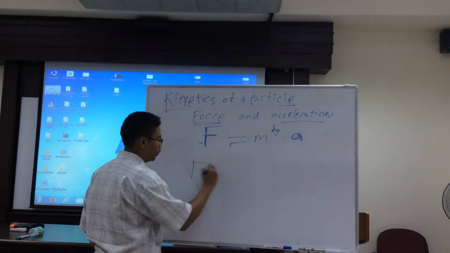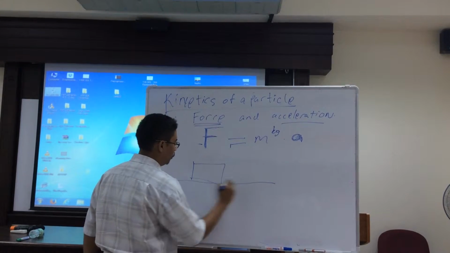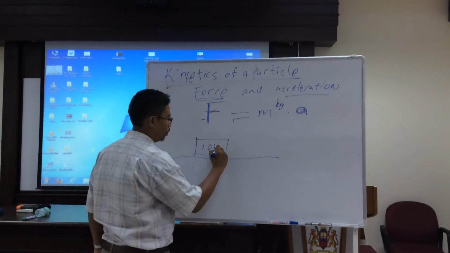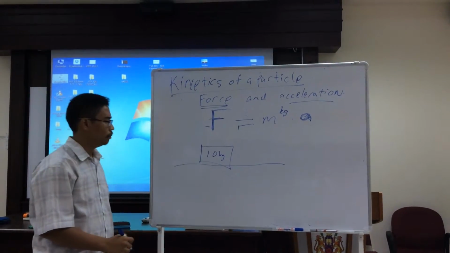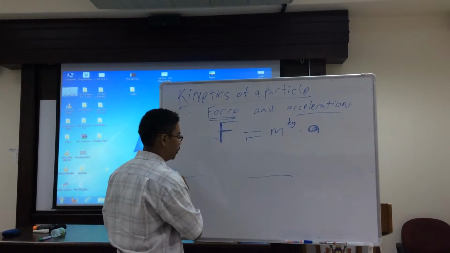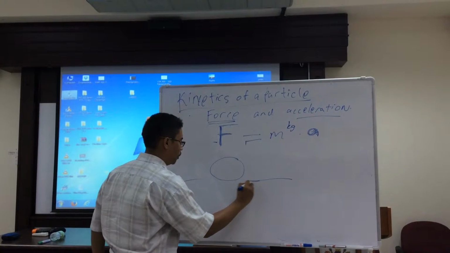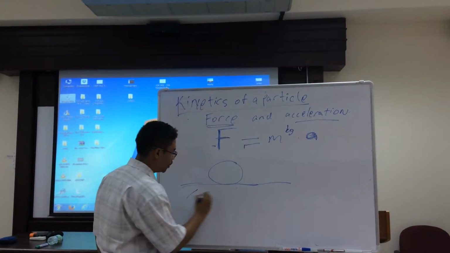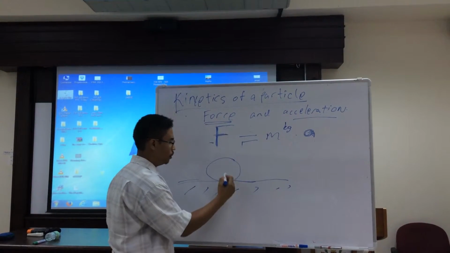Imagine you have a 10 kilogram box of mass. Let's make it a circle to indicate it's on a frictionless floor.